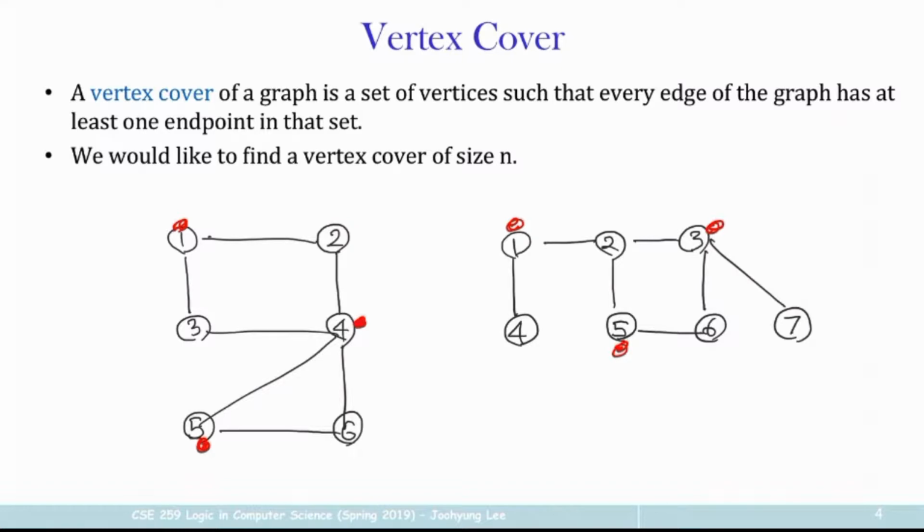This is 7 choose 2, so 21 possibilities. Did you do that in your brain? Did you enumerate all 21 pairs of vertices and check for each case that there is at least one edge that is not covered? You didn't do that. Computationally, that's what you have to do, but you didn't.